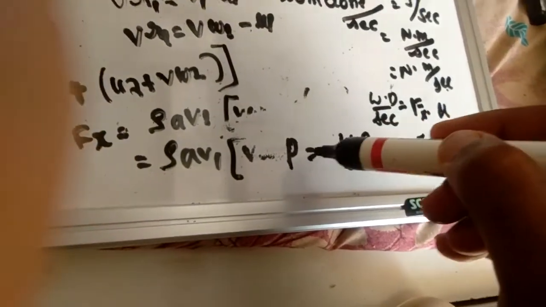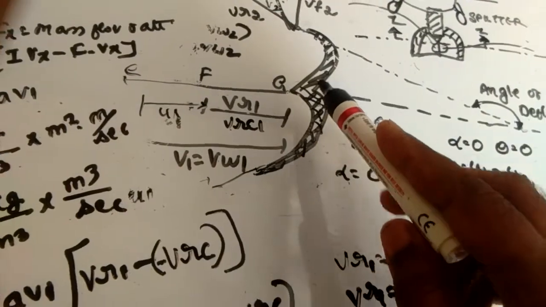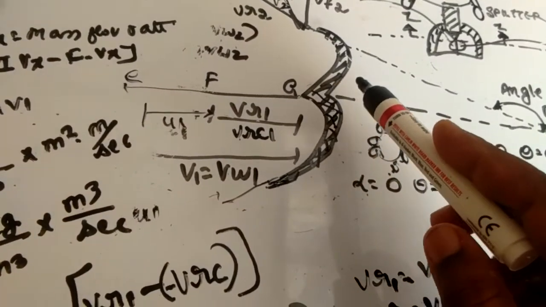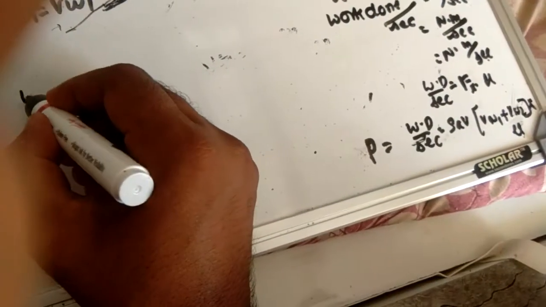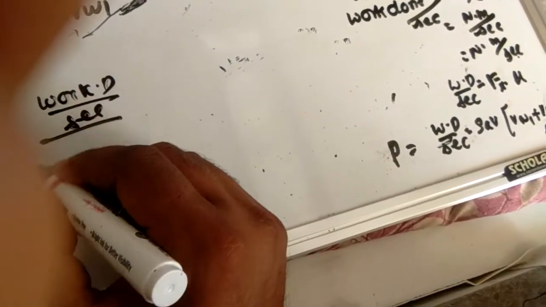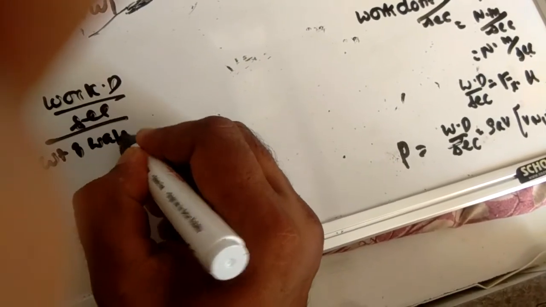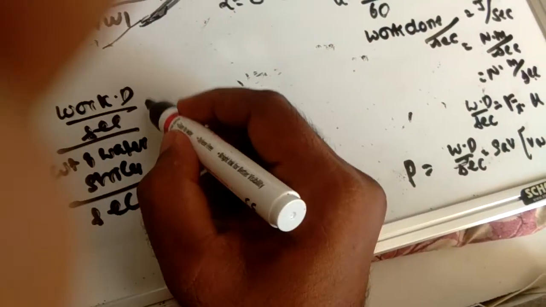Now, this is the power this force exerts when the jet strikes. The plate is connected to the Pelton wheel. So the work done per second is in terms of the weight of water striking per second.